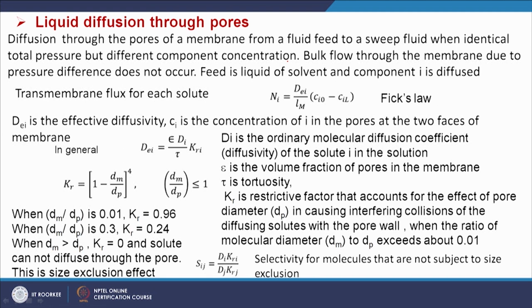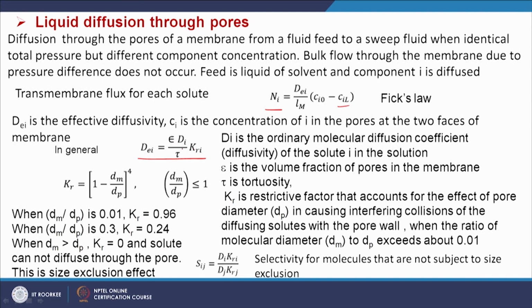In that case the transmembrane flux Ni is equal to DEi by Lm into (CiO minus CiL), where Ci is the concentration of i in the pores at the two faces, inlet and outlet. DEi is the effective diffusivity, and it can be calculated as E into Di by tau into Kri.